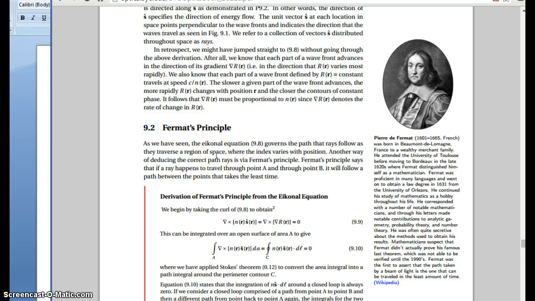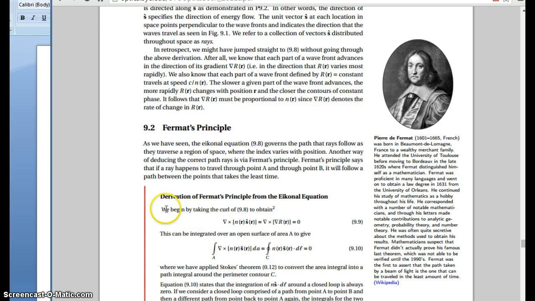Fermat's principle is essentially saying that we take the fastest path. A ray of light is always going to find the fastest path, which is kind of interesting. Until now I took that as just obvious, but mathematically here we can derive that.